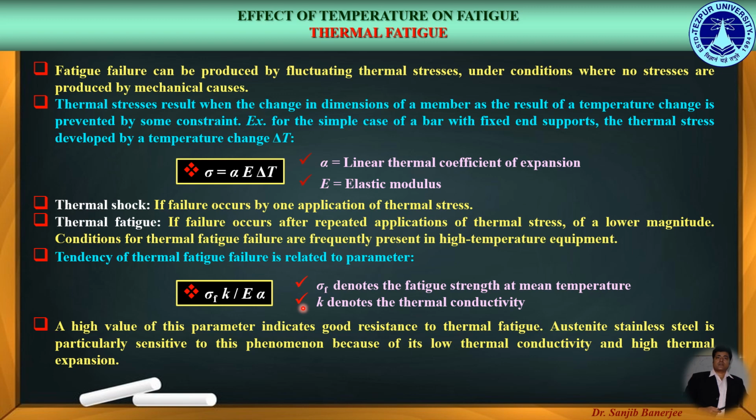A high value of this particular parameter actually indicates good resistance to thermal fatigue. Now, austenitic stainless steel is particularly sensitive to this phenomenon because of its low thermal conductivity, that is k, while high thermal expansion, that is alpha. So, this is about the thermal fatigue.